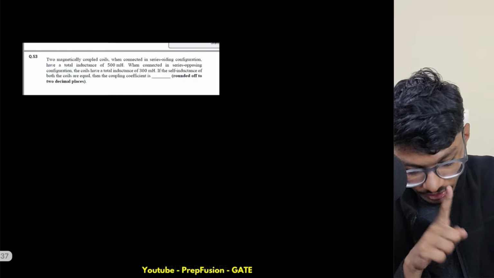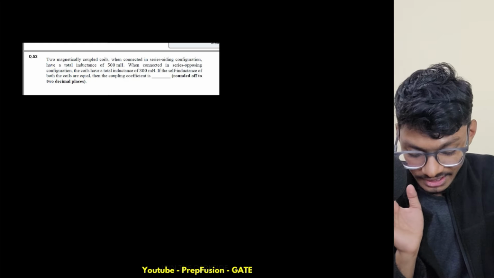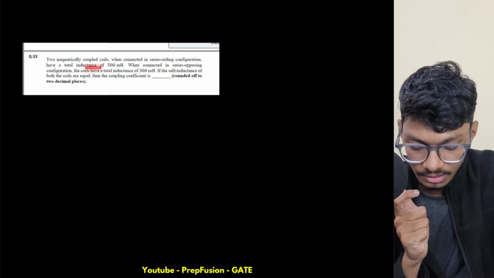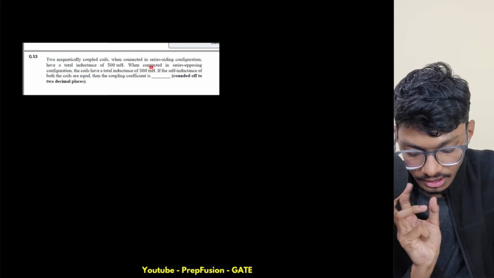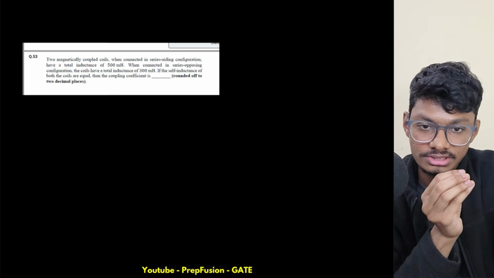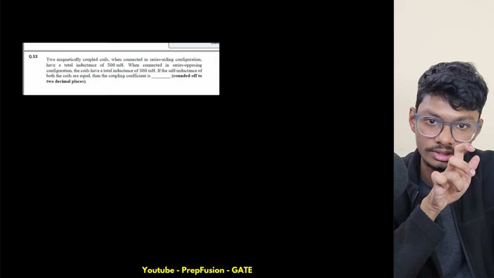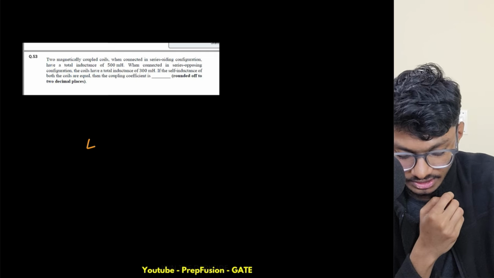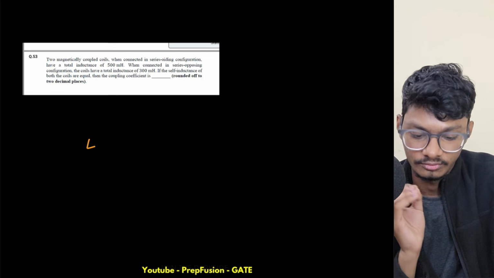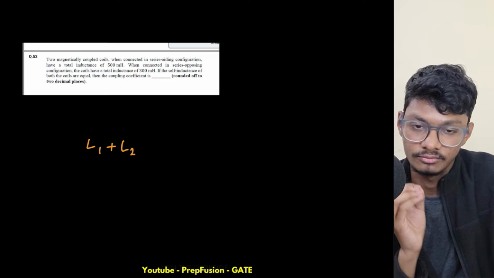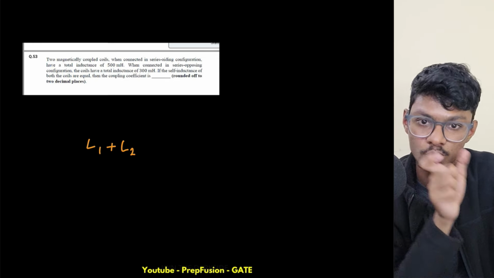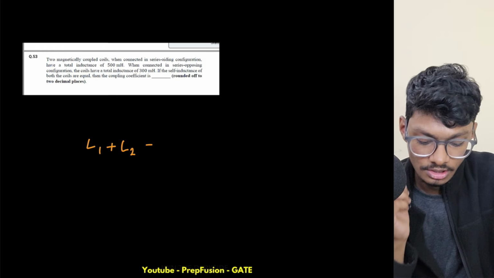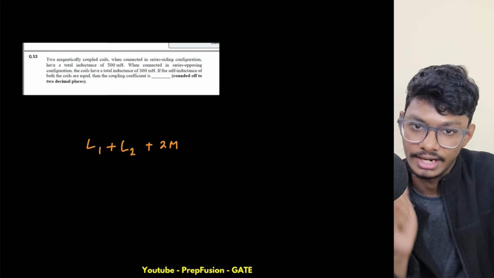Okay. We have another question I forgot. Okay, this is again another simple question. They have given you two magnetically coupled coils connected in series aiding. Series aiding means the mutual flux between them is aiding them, so overall inductance will increase. That means if I have a coil with inductance L1 and another coil with inductance L2, the mutual flux will aid both of them, so the mutual inductance will get added, 2M.